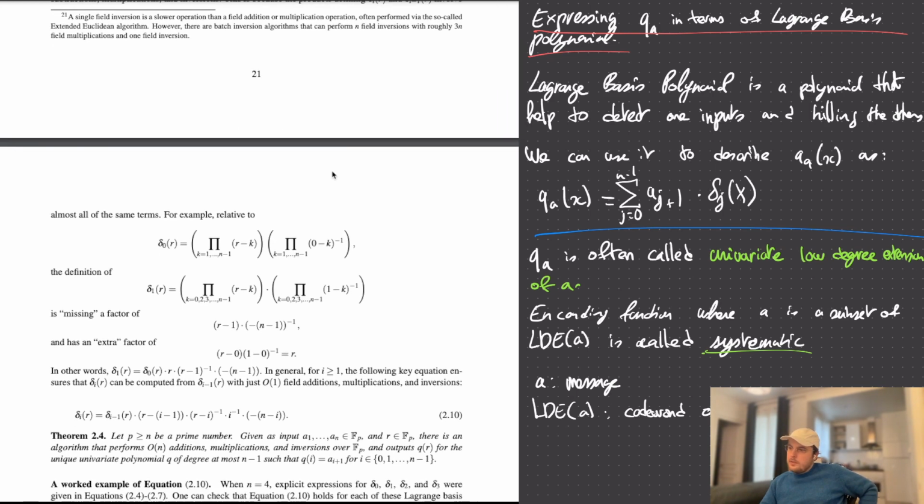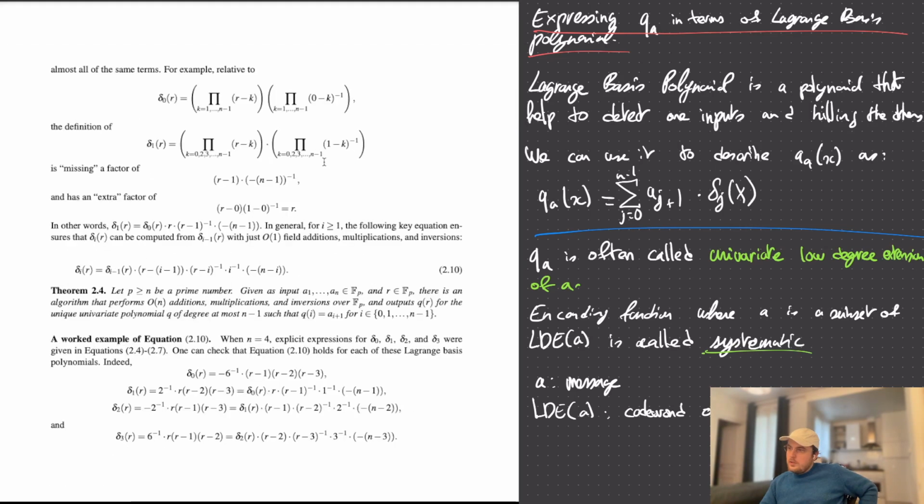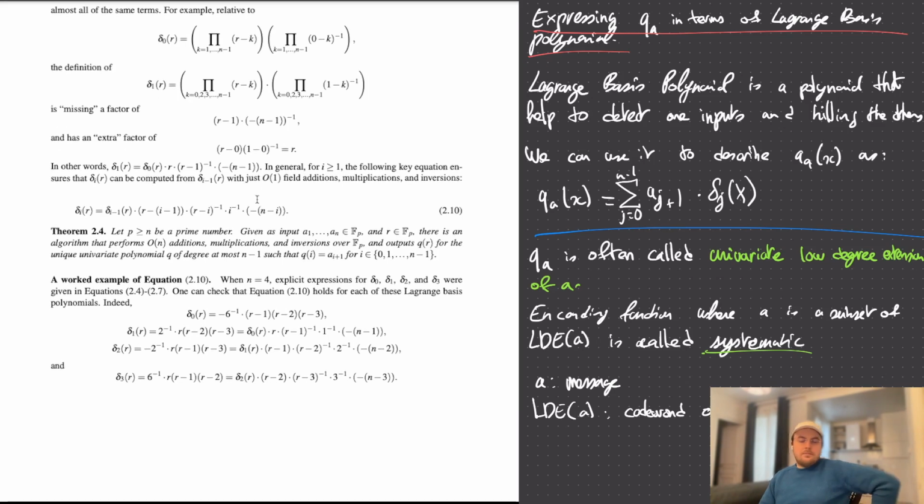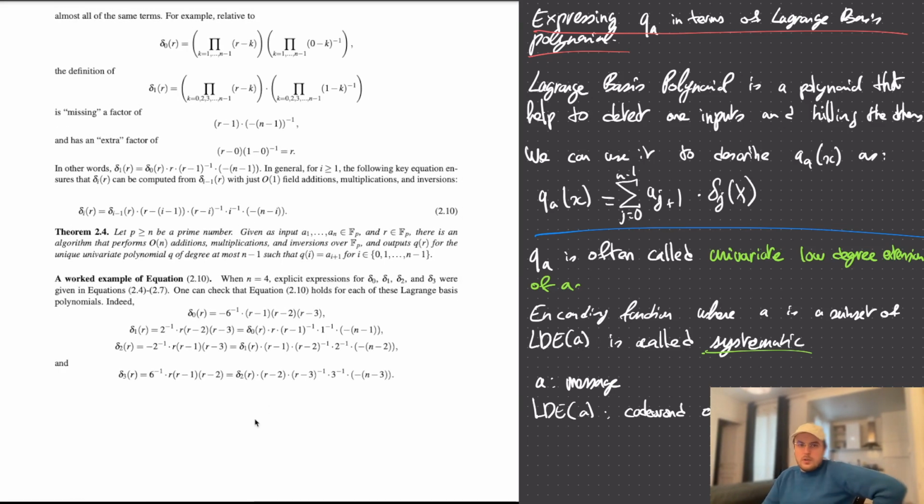Or something like this. Yeah, that's the thing. They're saying the delta of 1 can be described as delta 0 of r times this times this. Okay, I believe you. It's cool.